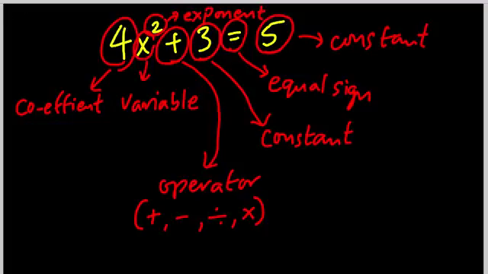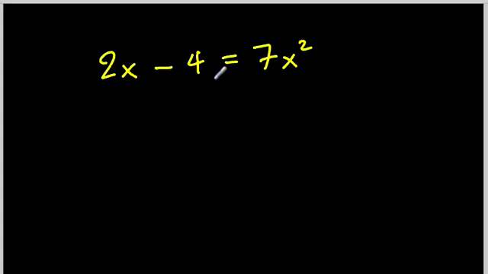So let's try another example. Let's say you have 2x minus 4 is equal to 7x squared. Let's go through the definitions of each of these components.